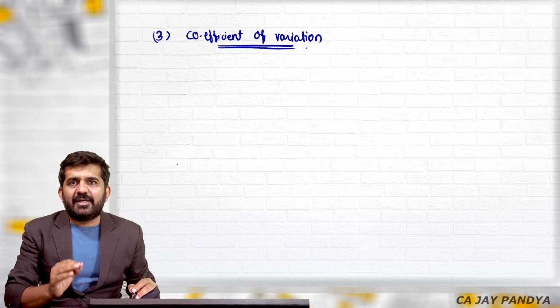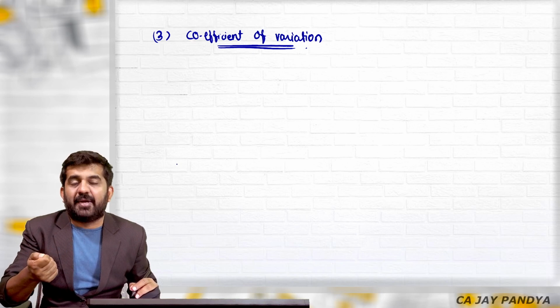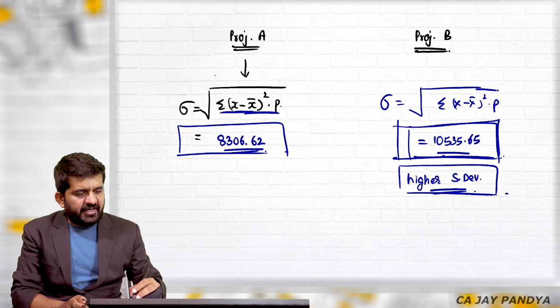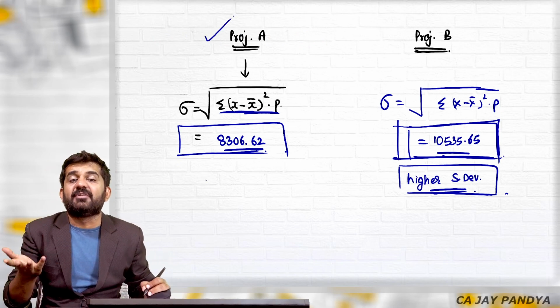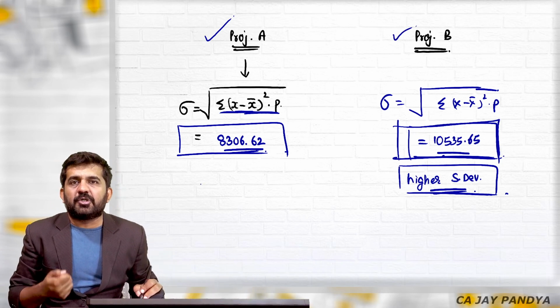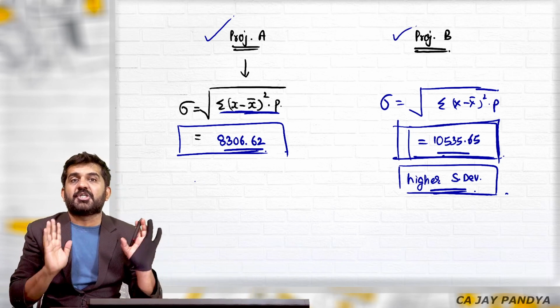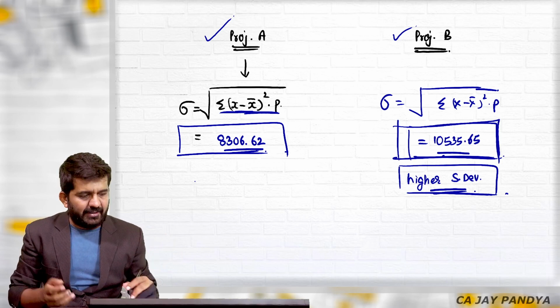Try to understand, standard deviation is an absolute measurement. When we are finding out the standard deviation of project A, we consider only the deviation. When we find out the standard deviation of project B, we consider only the deviation of B, nothing else. So it is an absolute measurement.